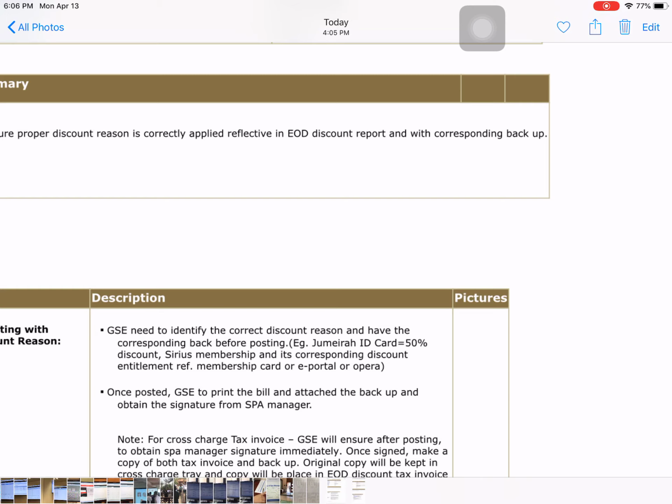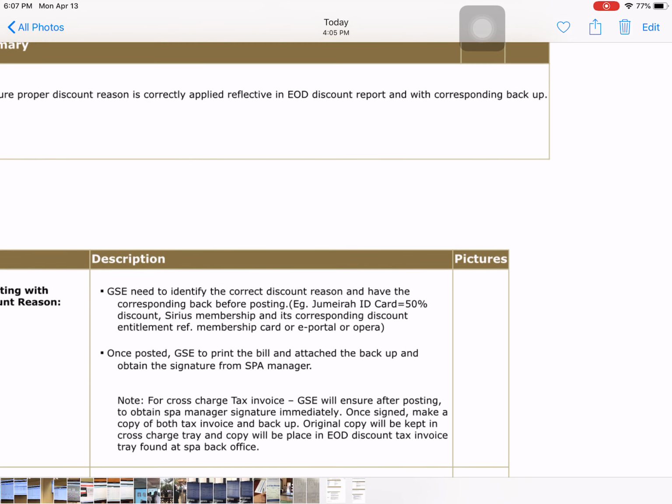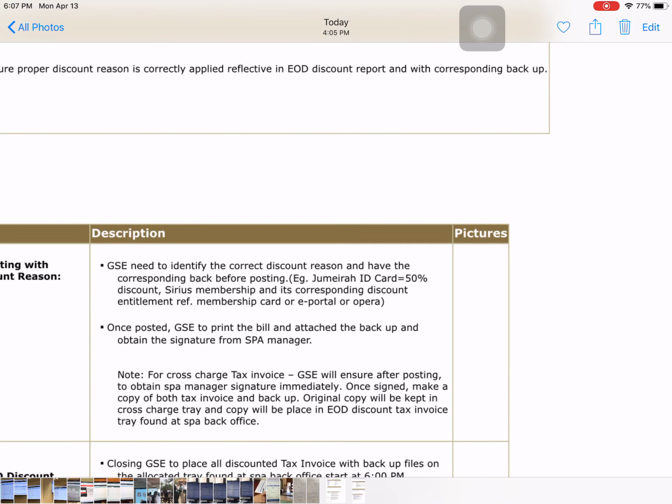Through that we will know when it will expire. If the expiry date is closer, then we can advise the guest, ma'am, we need to have your copy now because I checked in the system, it's about to expire. So if we keep practicing that, we will ensure that we have a correct backup.